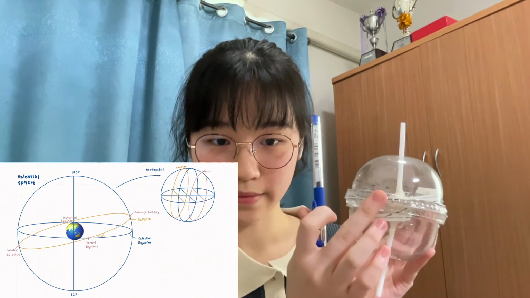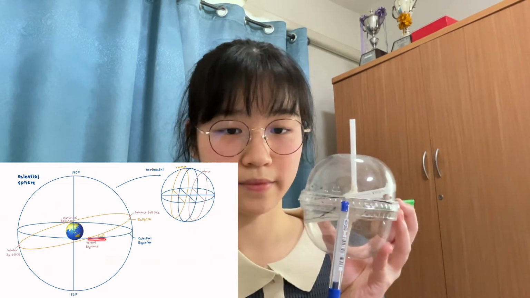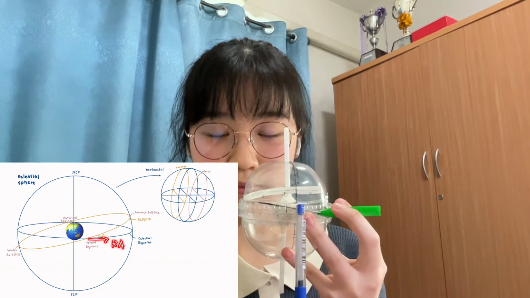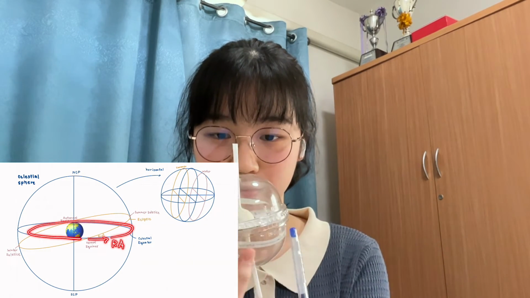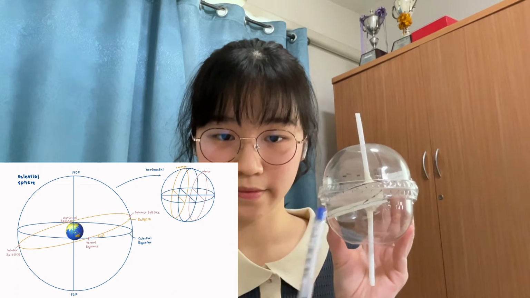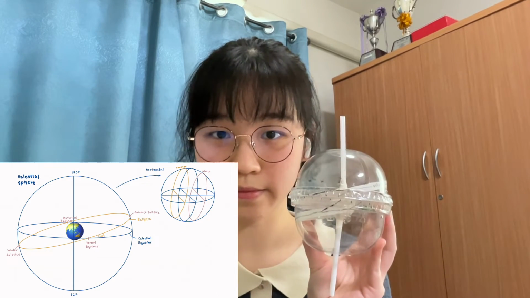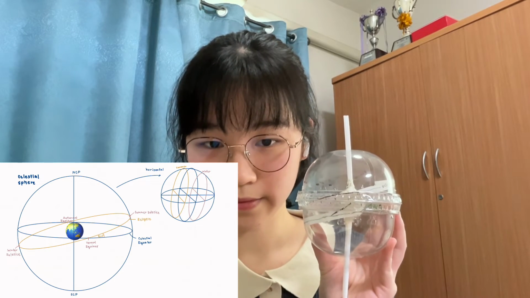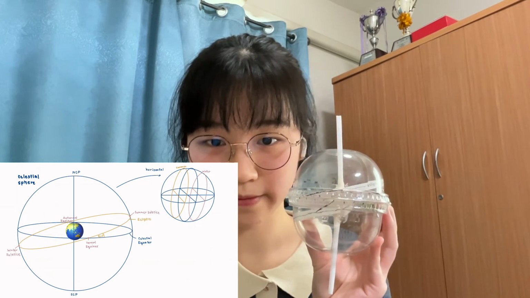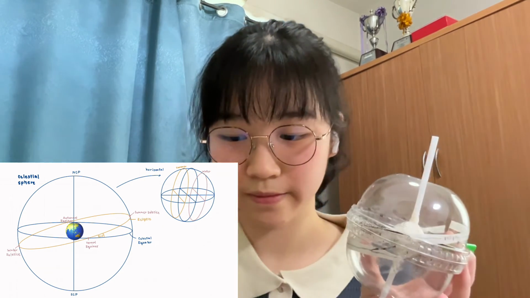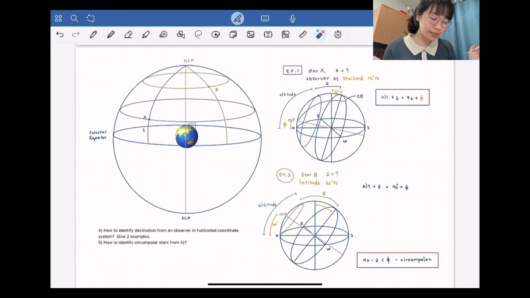On the other hand, right ascension is the angular distance measured eastward along the celestial equator from the vernal equinox, expressed in hours, minutes, and seconds, or even degrees, ranging from 0 hours, 0 degrees to 24 hours, 360 degrees.